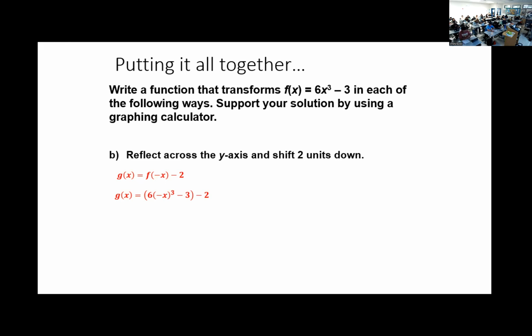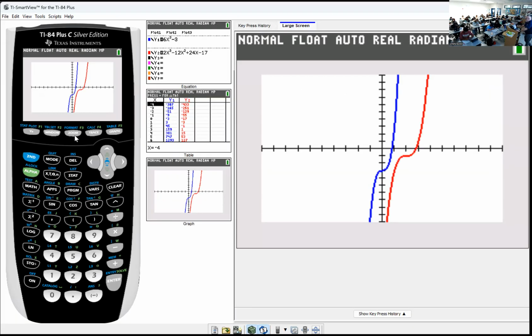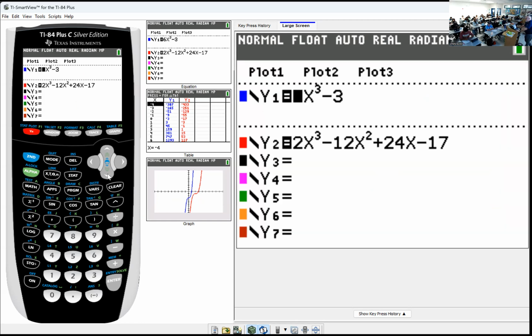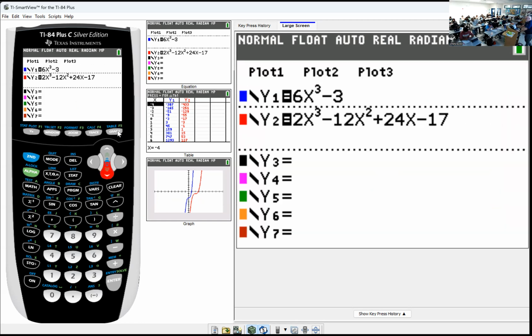So rewriting this in standard form isn't too hard. Negative 6x to the third minus 3 minus 2 is minus 5. So these actually kind of do look alike. Sometimes they do, sometimes they don't. So my f of x is still the same, but now let's put in my new g of x.